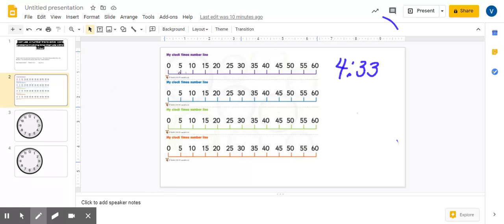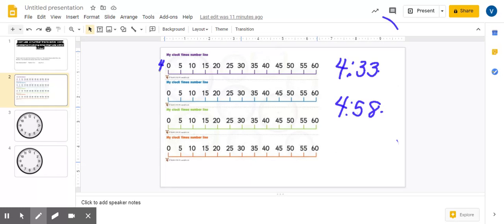So let's plot 4:33. And then I ended reading at 4:58. How much time did it take me to read, or how much time did I enjoy reading my book if I started at 4:33 and I ended at 4:58? Well, let's go ahead and plot it.